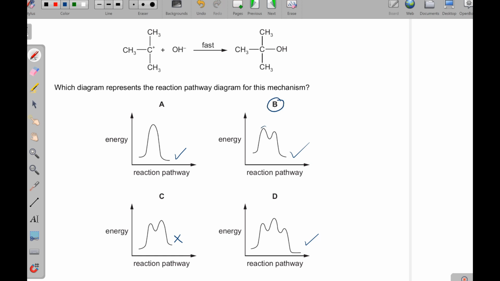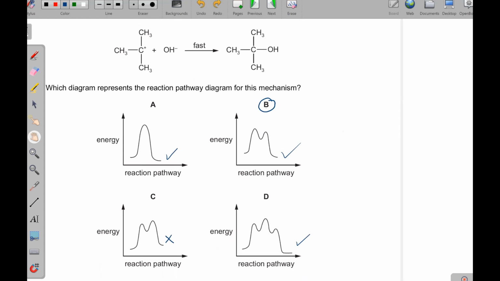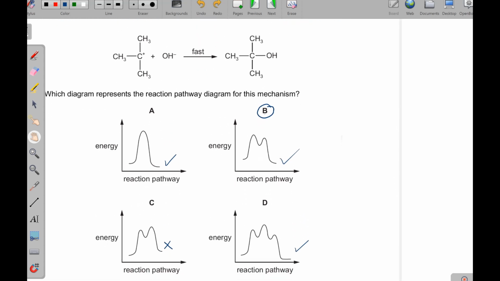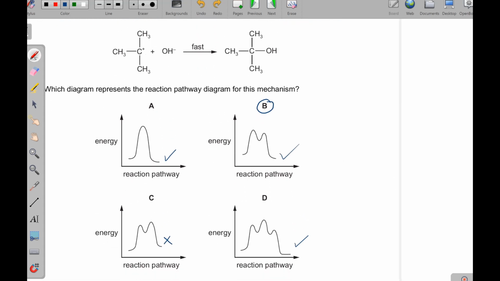Why B? The first step has to have high activation energy to form the first intermediate. And then this one comes in here, that is the second step. But you can see that here the second step has a high activation energy.